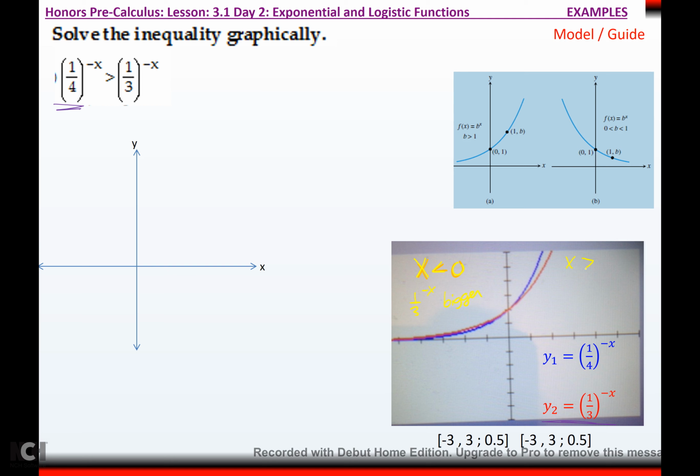On this side, when x is greater than 0, blue's on top, which means 1/4 to the negative x is bigger. Now we've got to figure out what they want to know. They want to know when 1/4 to the negative x is bigger. So 1/4 to the negative x is bigger on this side, which means my solution is when x is greater than 0.